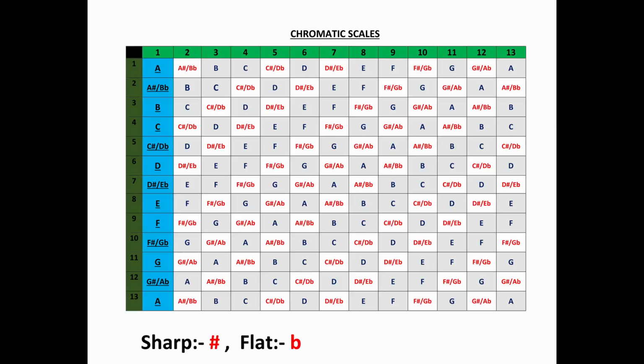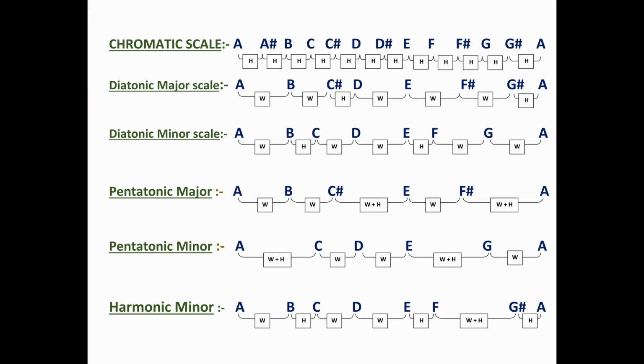So guys, all the scales like diatonic, pentatonic, and harmonic scales are derived from the chromatic scale. If we take some number of notes from these 12 notes in a specific order, a different scale will be formed. If we take 7 notes out of these 12 notes in a specific order, then our diatonic scale will be formed.